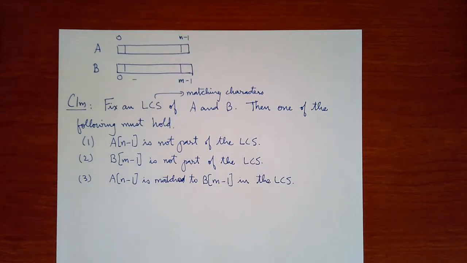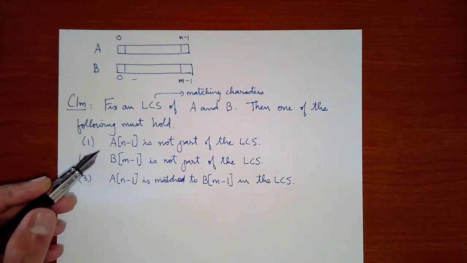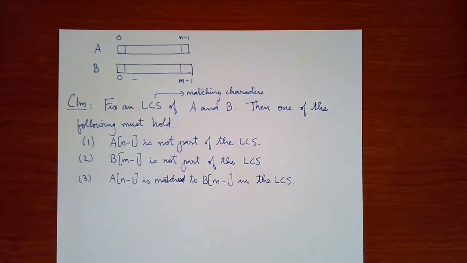Okay, any questions about what this means? So this is to say A and B do have an LCS. Well, every two strings always have an LCS.